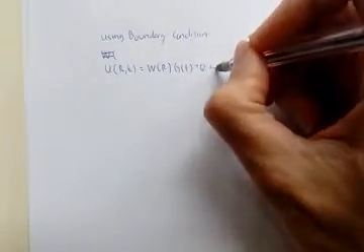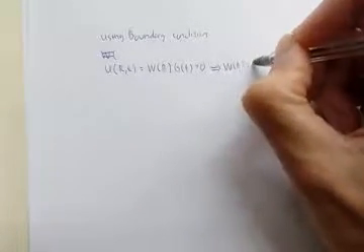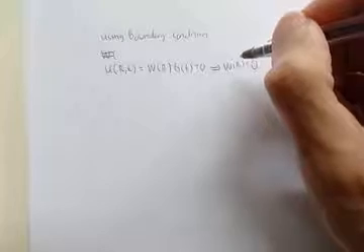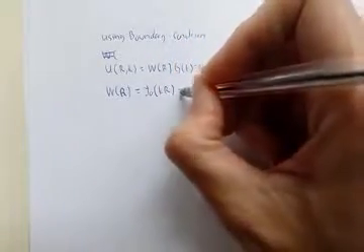So this means that W(R) will equal 0. Okay, and then we get W(R) equal to J naught of kR, so equal to 0.